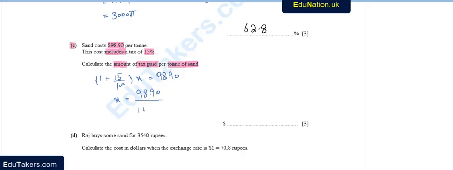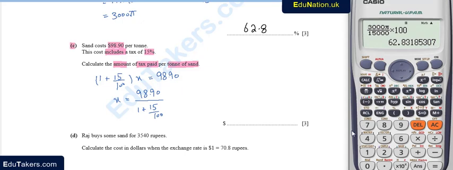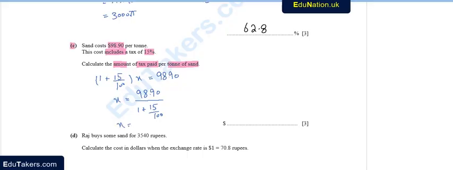x equals 98.90 over 1 plus 15 over 100. 98.90 over 1 plus 15 over 100 equals 86. The original cost of the sand was 86.